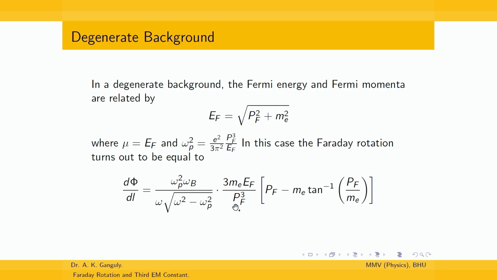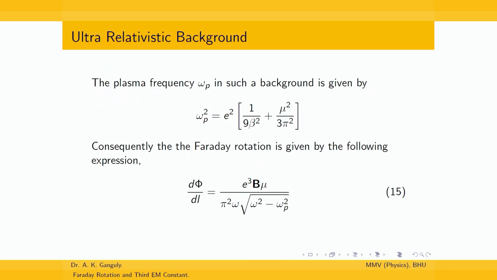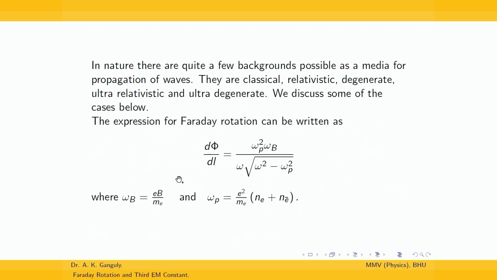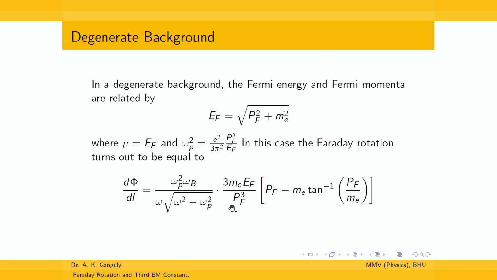Okay. Now, if we compare these two situations, classical and the degenerate background, we easily see that a very distinct difference has emerged, where clearly the classical part is standing apart over here.